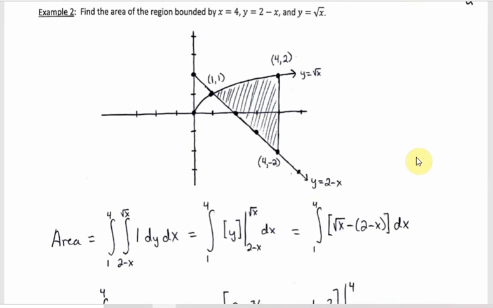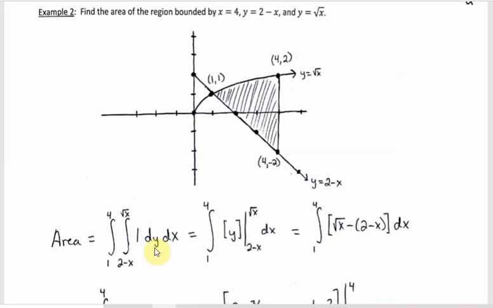It shows up at the very end, but basically what's on the right is always going to be x equals 4, but what's on the left, sometimes it's this, and then sometimes it's this. So dx dy is going to be tougher. With dy dx, the square root of x is always on top, 2 minus x is always on the bottom. So that's just one double integral. That's going to be the better way to go, I think.